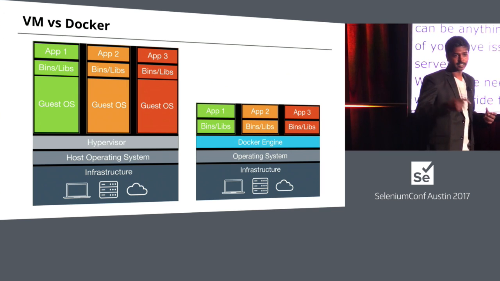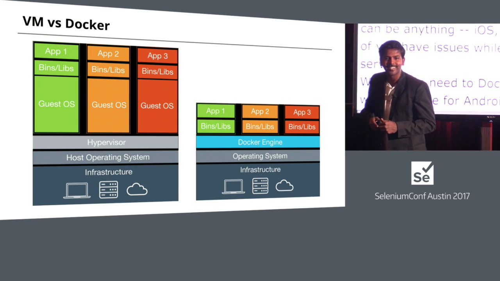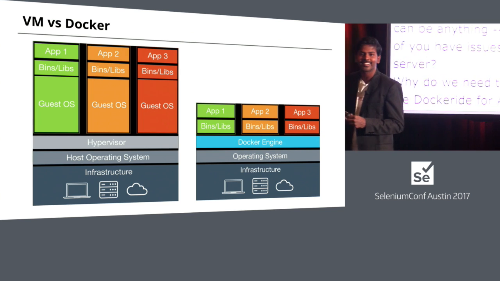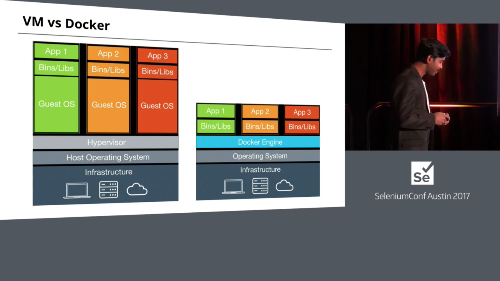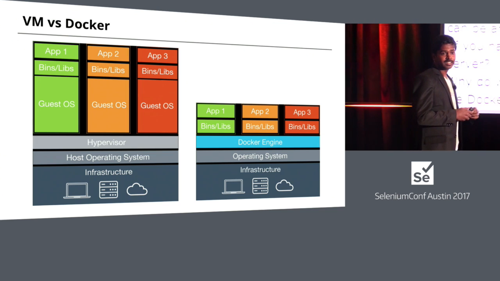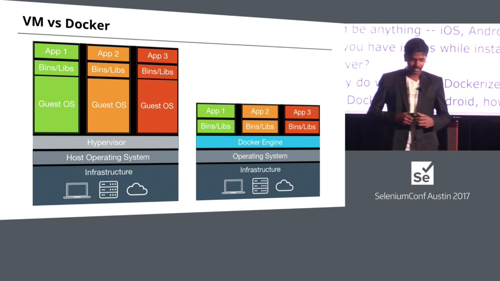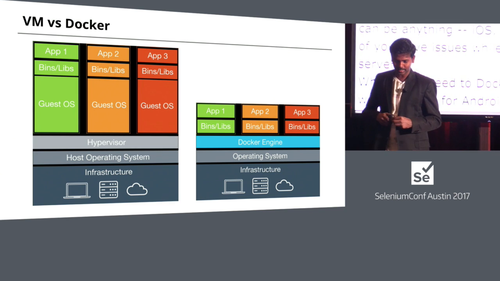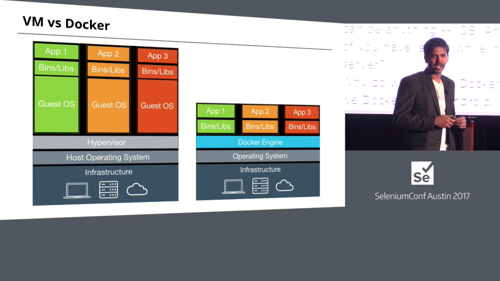And as he said, it's container manager. We can spin up as many Docker containers in seconds. There are videos which I have seen, like spinning up 3,000 to 4,000 containers in seconds and managing those containers.